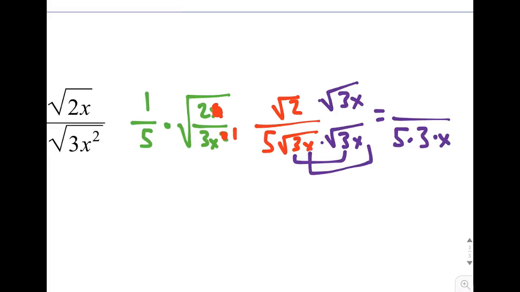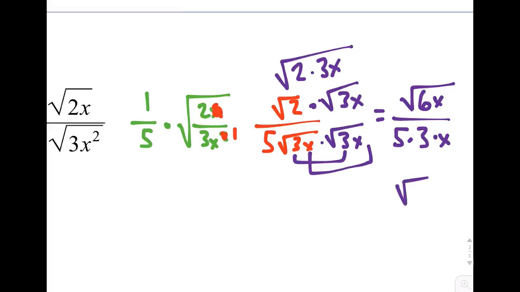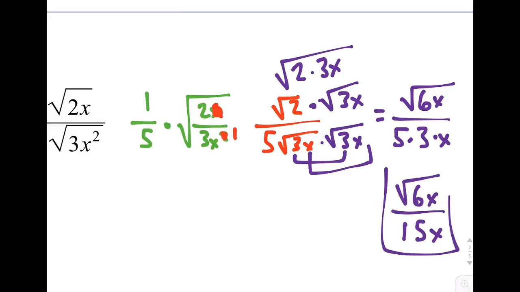On top, you have a square root times a square root. Remember what we said, it becomes 1 root. So it's really just 2 times 3x, or square root of 6x. So our final answer, cleaning this up, square root of 6x on top, 5 times 3 is 15x on bottom.